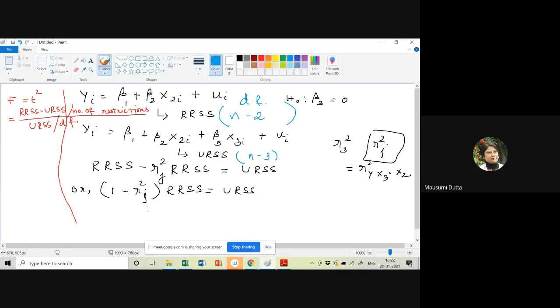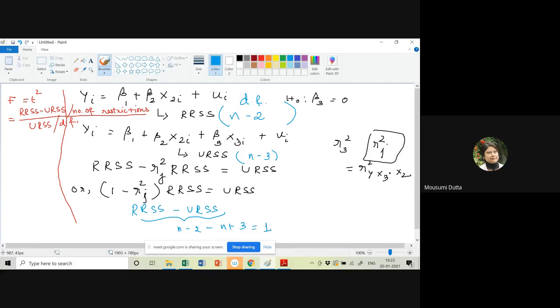So what is the degrees of freedom for the difference RRSS minus URSS? N minus 2 minus n plus 3 is equal to 1.